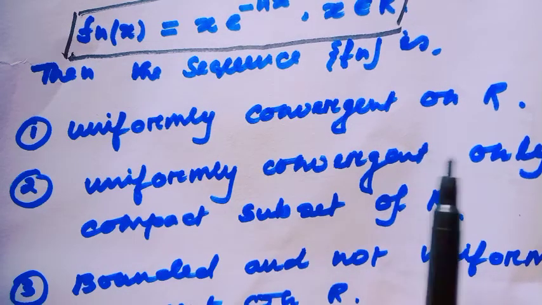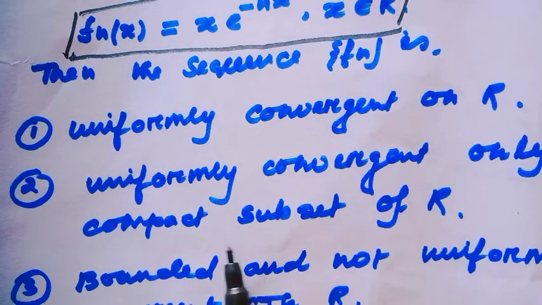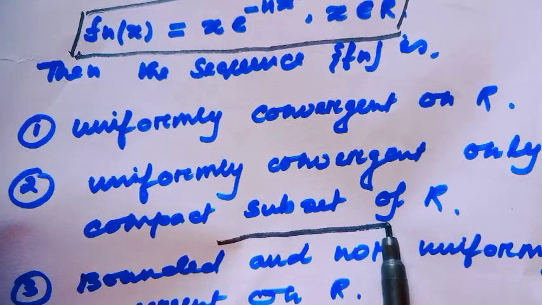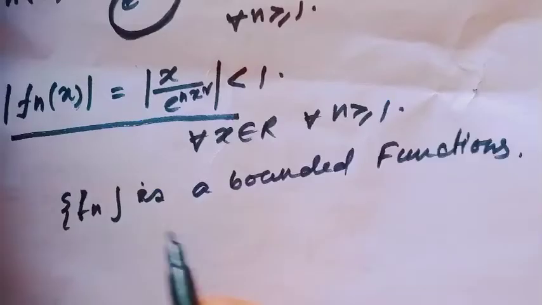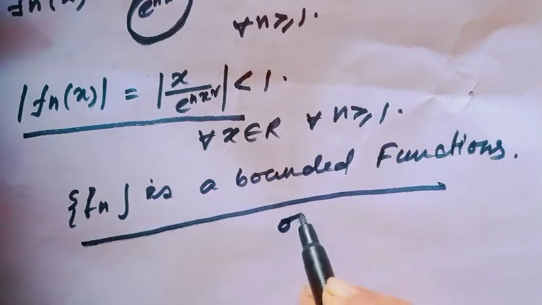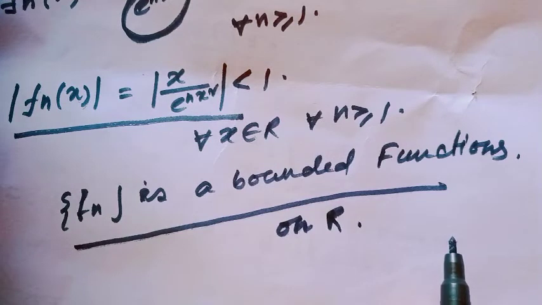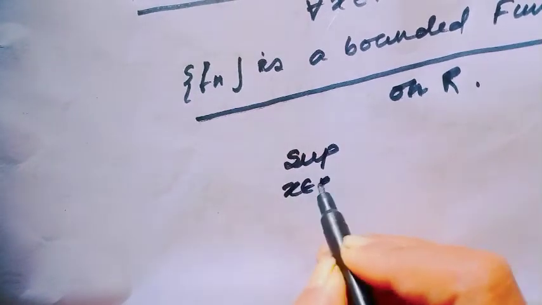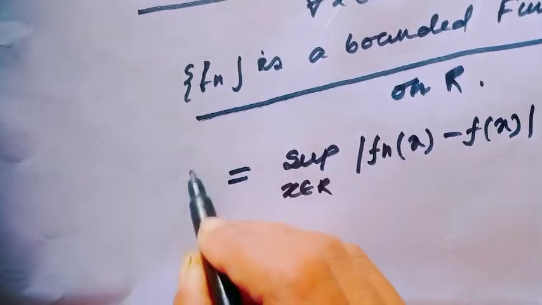Option 1 indicates uniformly convergent on R, option 2 indicates uniformly convergent on a compact subset of R, and option 3 indicates not uniformly convergent on R. The sequence is bounded on R. So, to find the uniform convergence, we can apply the Mn test on the whole set R. We have to find the supremum over x belonging to R of |fn(x) minus f(x)|, which is defined as Mn.